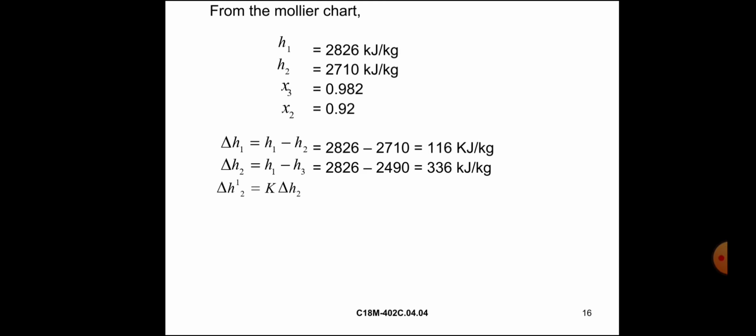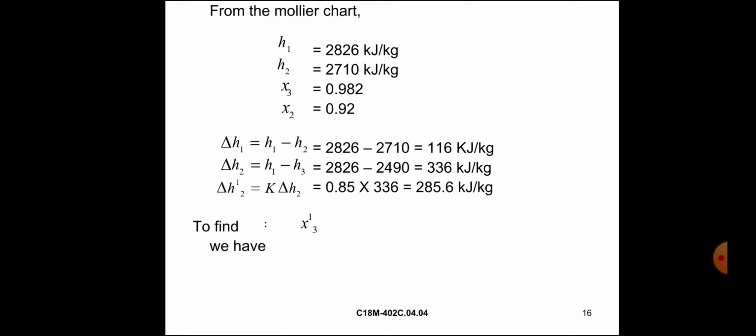Delta H2' = K × Delta H2. K value is 0.85, and Delta H2 value is 336, giving 285.6 kilojoule per kg.